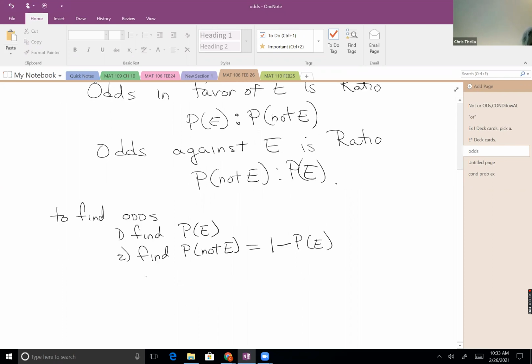And then we have to write a ratio and simplify. So, what does all of that mean? Does anybody need for me to be quiet for a minute so you can get this all down before we look at an example? Or are we ready to roll?